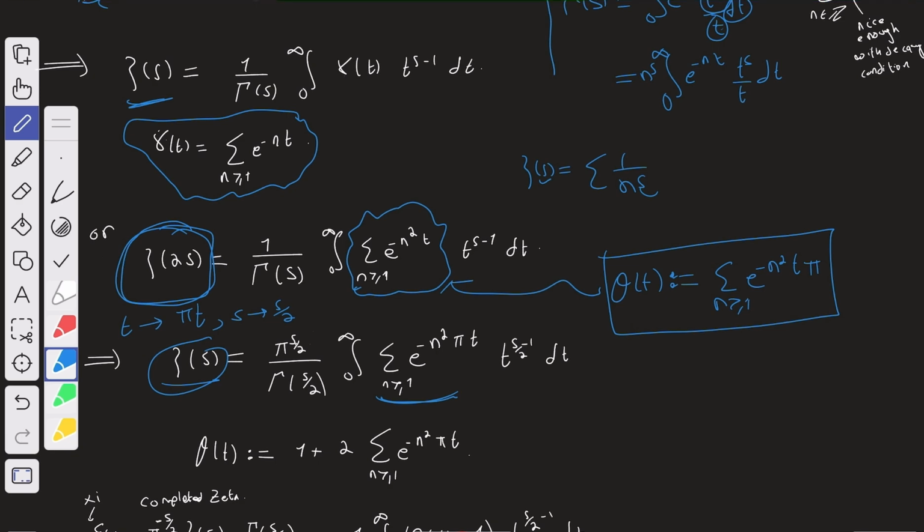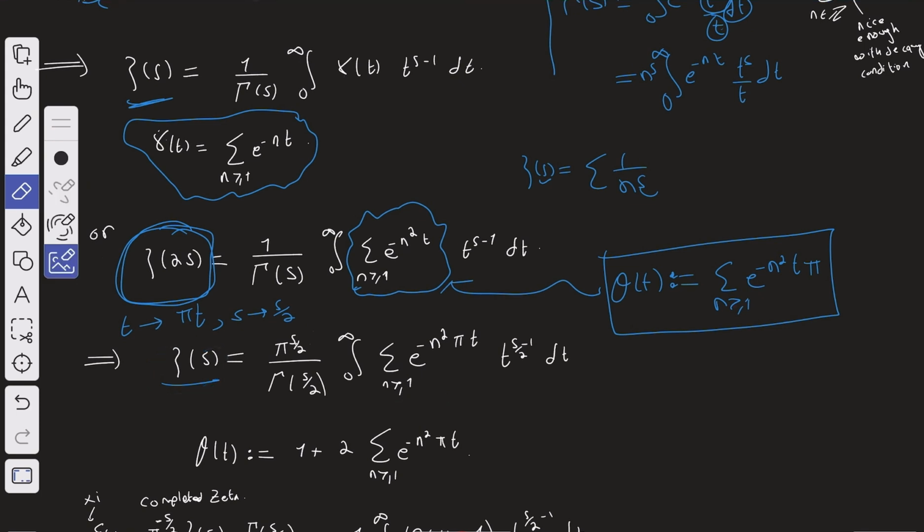So before we continue with this, let us just make an observation here. So this theta function, excuse me, I should have defined it over z. So this theta function is in fact defined over z.